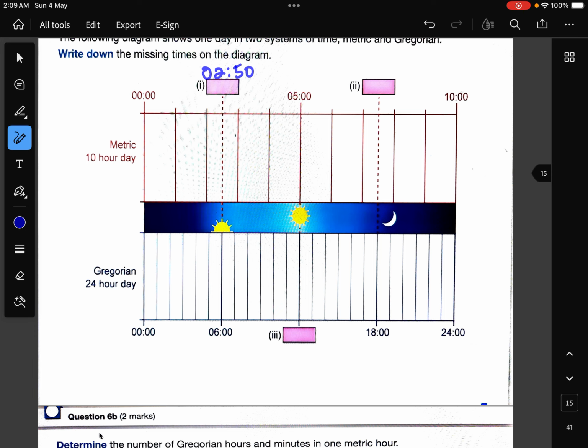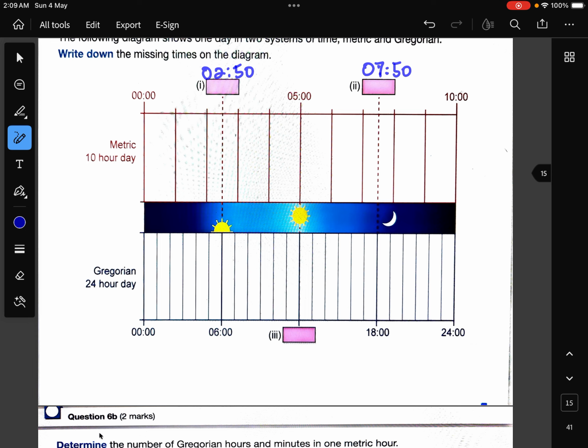And similarly for part 2, if we want to find the time, it will also be 7:50. Okay, and in part 3 we're just finding the Gregorian 24-hour day, which is the same thing we went through, where a day is 24 hours and an hour is 60 minutes long.